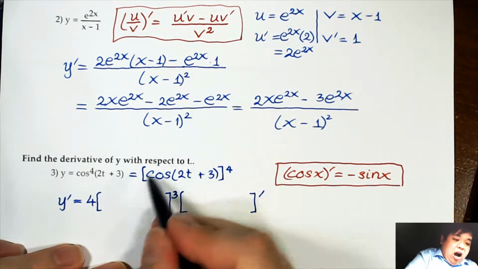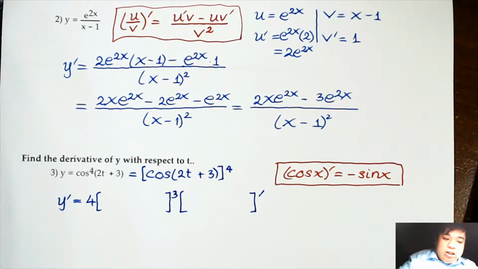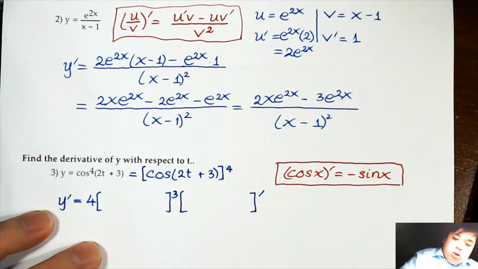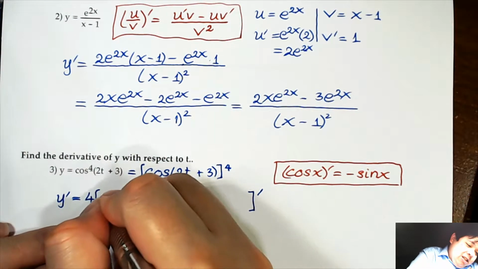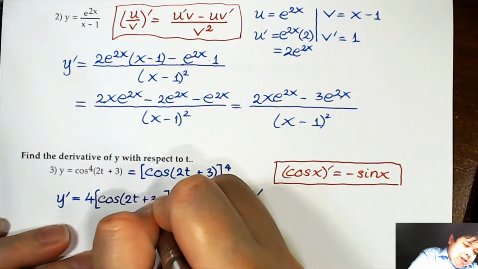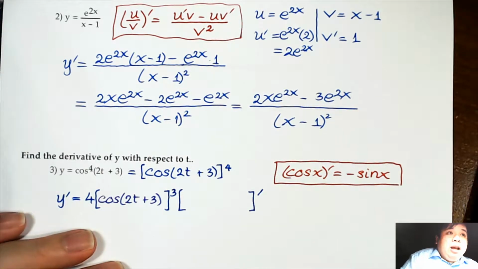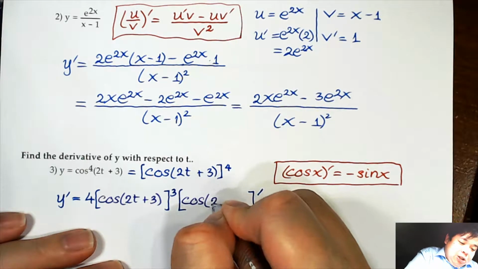This will work regardless of whatever inside the bracket. So inside the bracket happen to be cosine of 2t plus 3, and then of course this is still the same, 2t plus 3.